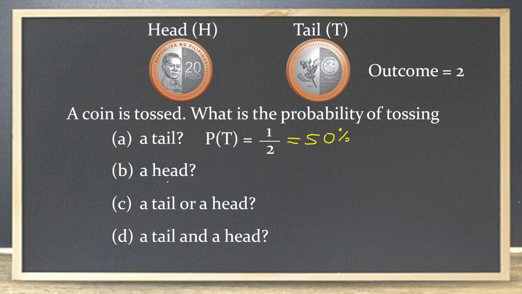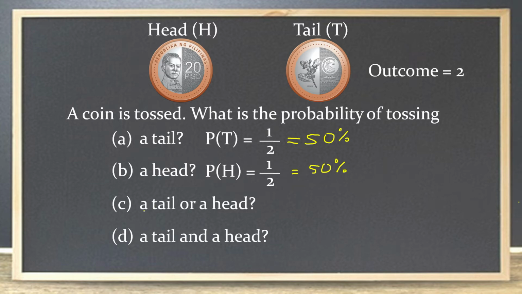The probability of a head appearing is also 1/2, because there is only one possible way for a head to appear when a single coin is tossed. So we say the event is 1 divided by the total number of outcomes. So we have 1/2, which is also equal to 50%. So we have a 50% chance of a head also appearing.